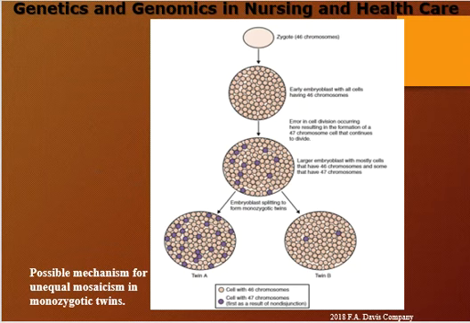Here you've got a zygote with 46 chromosomes. You've got an early embryo with all cells looking normal, and then down the line an error in cell division occurs, resulting in the formation of a 47-chromosome cell that continues to divide.